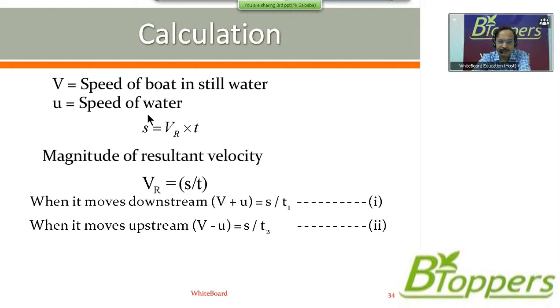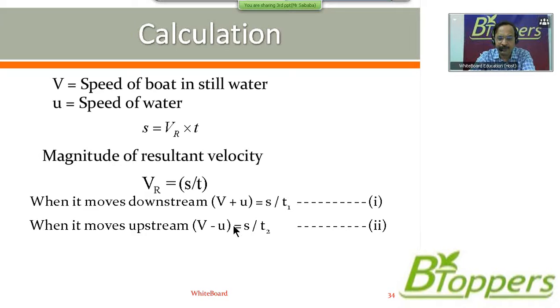Or even when the engine of the launch is cut off, the launch moves like a floating body in the direction of flow of water with the same speed equal to that of water. Of course, in the present discussion, it is assumed that all the velocities in each case are uniform. So to find the time taken by the floating body to travel same distance, we have to find the value of U in terms of T1 and T2 from the first two equations.